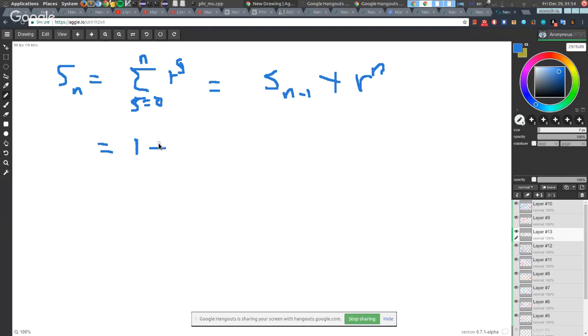So this is 1 plus the summation from s equals 1 until n. Then I can take from here an r, and r is a common factor. So we have this.